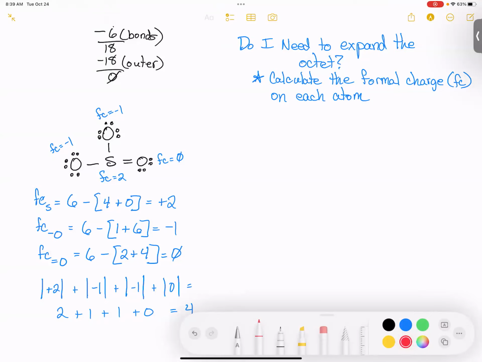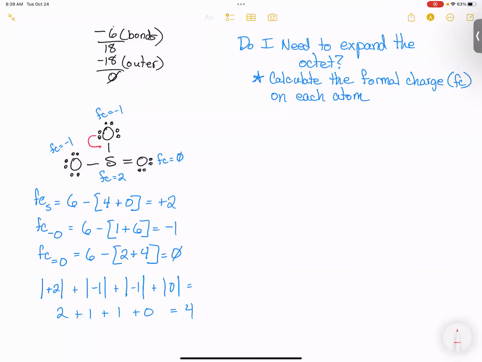So because sulfur is in period 3, we know we can expand its octet. It can have more than 8. So we're going to bring in a pair of electrons to share. And when you bring in the pair of electrons, we now have sulfur double bonded oxygen.